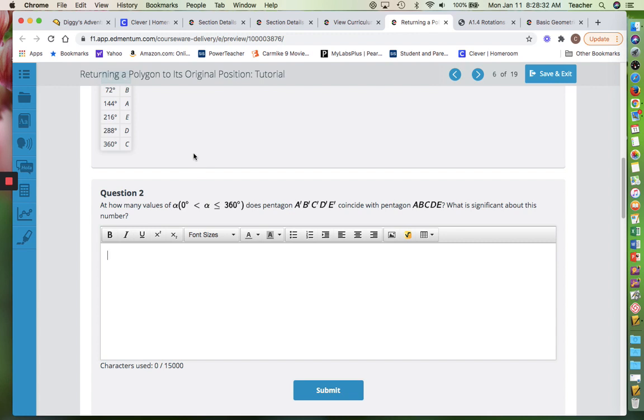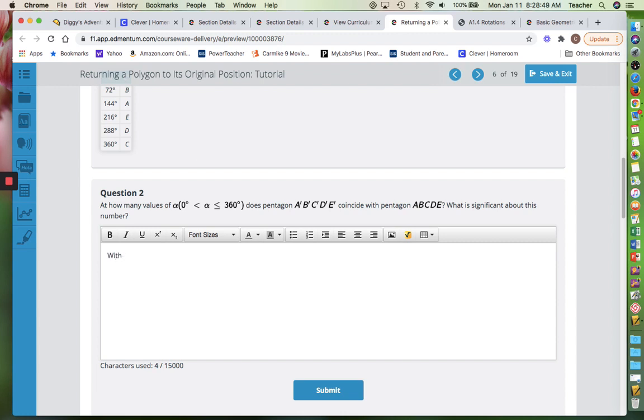All right, question number 2. How many values of alpha between 0 and 360 make pentagon prime coincide with the pentagon ABCDE? What is the significance of this number? All right. So let's see.